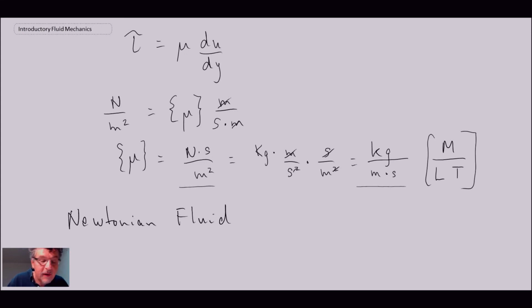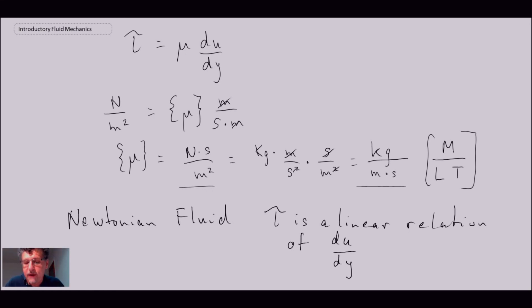And the characteristic of a Newtonian fluid is that tau is a linear relation of du by dy. Now there are some fluids that are non-Newtonian, and for those fluids it is not a linear relationship. So you would have a nonlinear relationship here. Those are fairly complex fluids to analyze, and we will not be analyzing them in this course, but I will give you some examples of non-Newtonian fluids in the next segment.